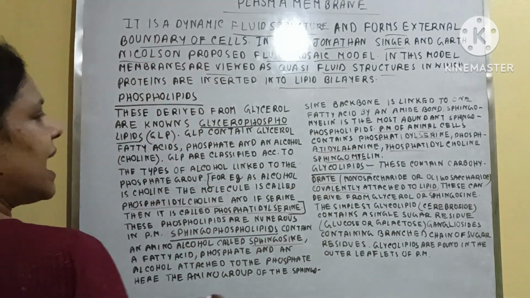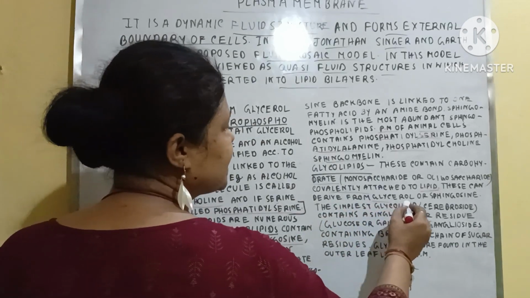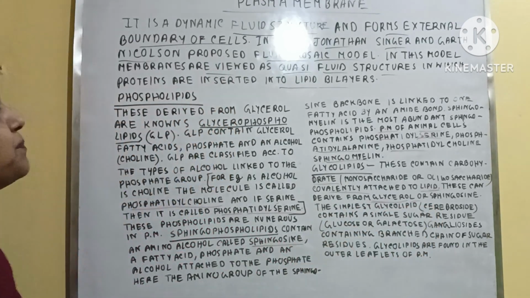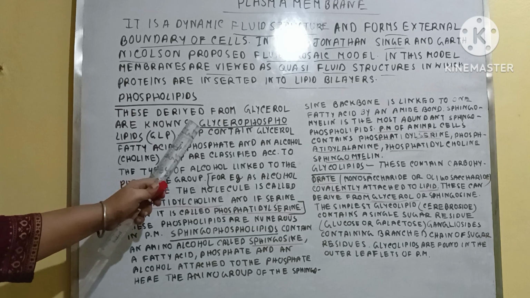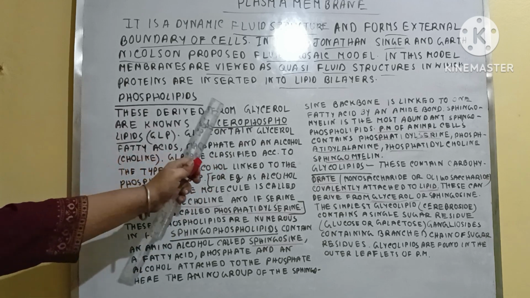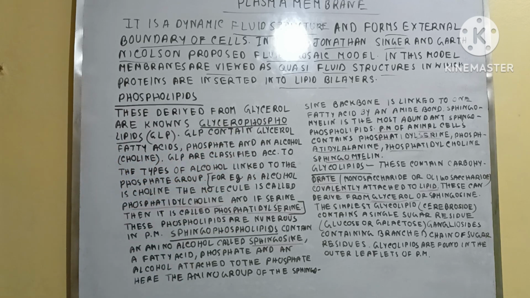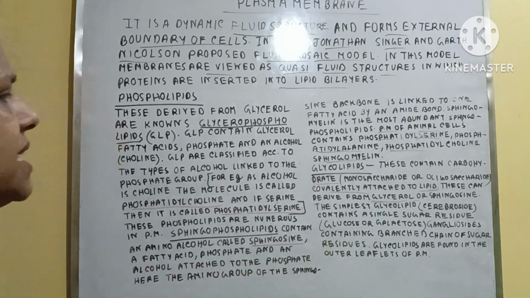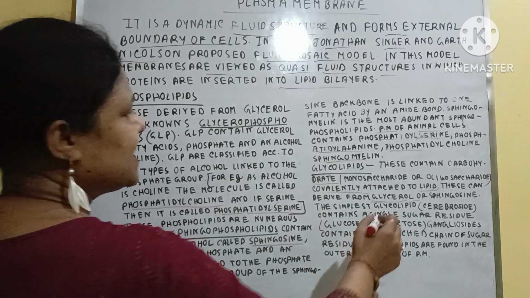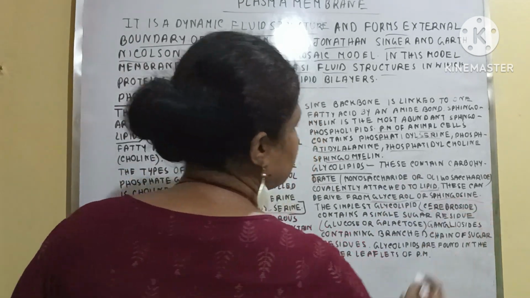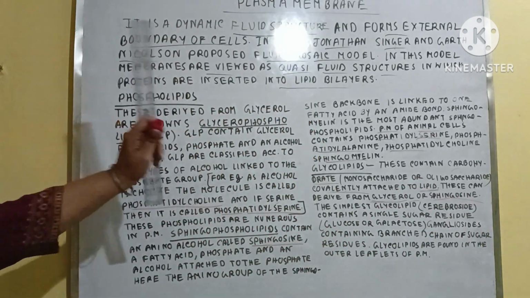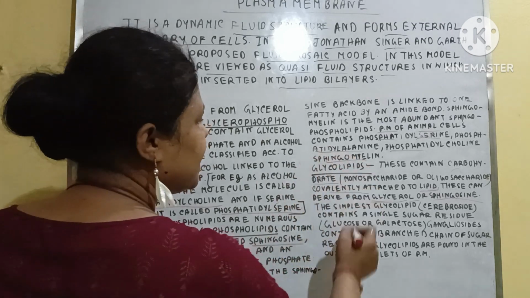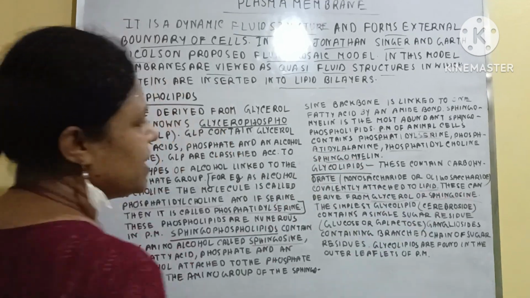Phospholipids derive only from glycerol, but glycolipids can derive from glycerol or sphingosine.